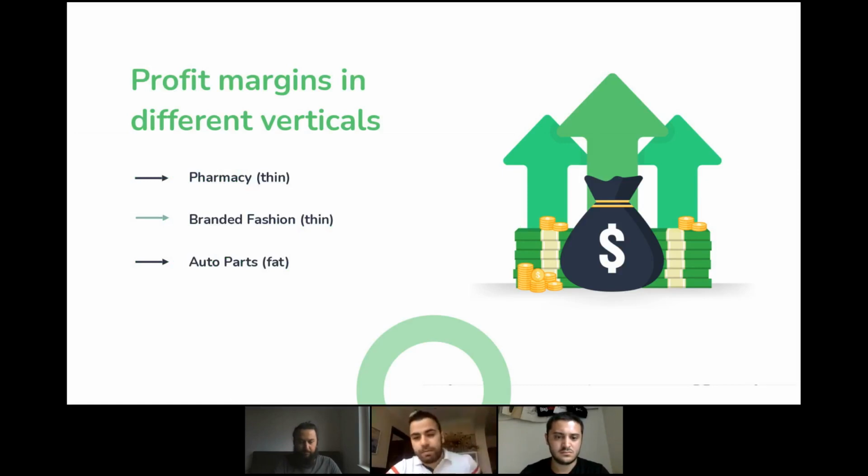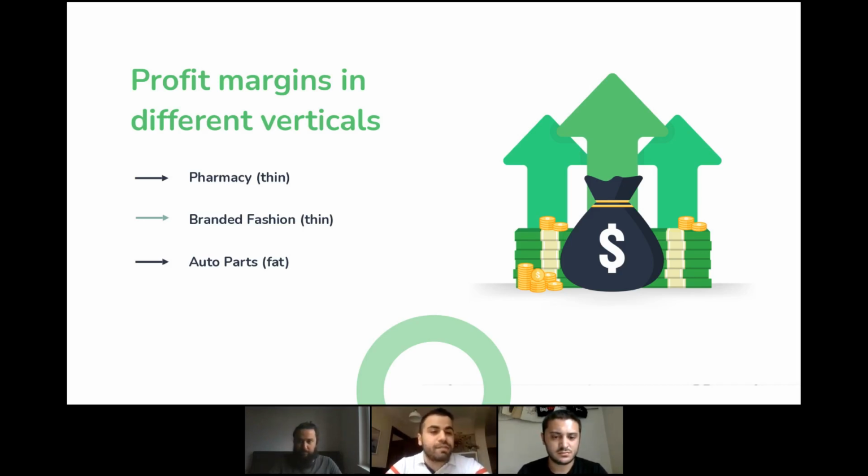So we talked about many different parameters that have significant effect on dynamic pricing, but we also need to talk about the profit margins in different verticals. So again, I would like to utilize the data that we populated for some of our clients at Prisync. Of course, there always needs to be room for improvement for the sake of my profit margin.